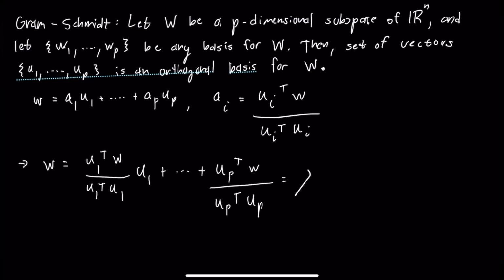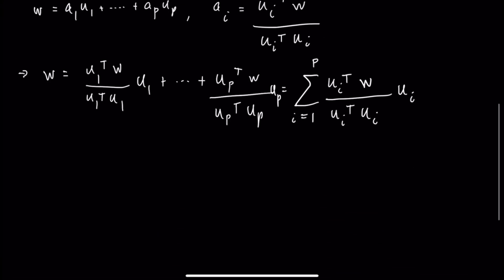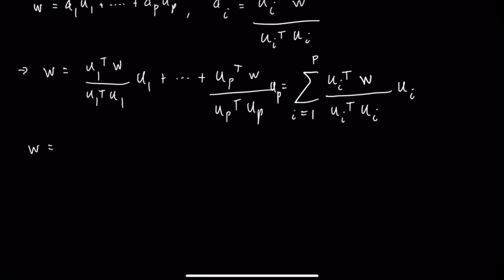In general, we could write this as the sum from I equals 1 to P of UI transpose W over UI transpose UI times UI. It's P because the big W is a p-dimensional subspace.